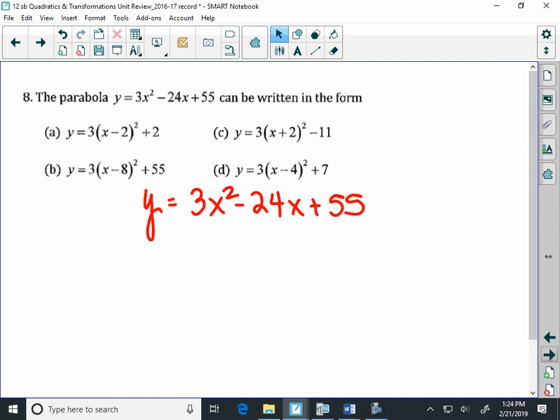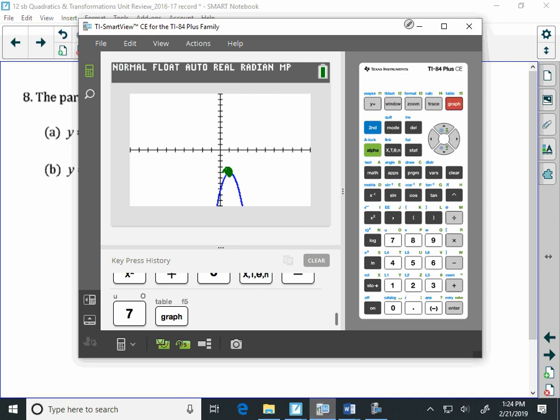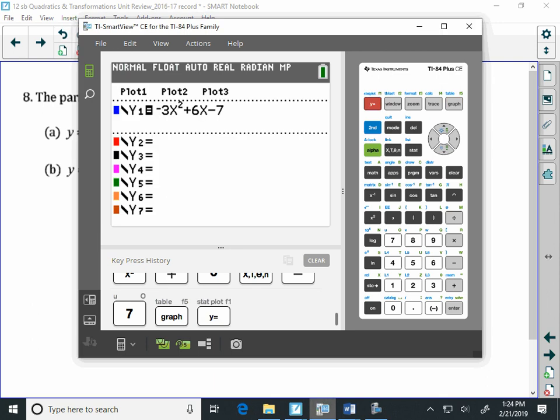And you know what? As second thought here, what I was going to do was complete the square to answer this question. But why not go into our calculator and type in the first equation that we're given in this one, which is the 3x squared minus 24x plus 55.